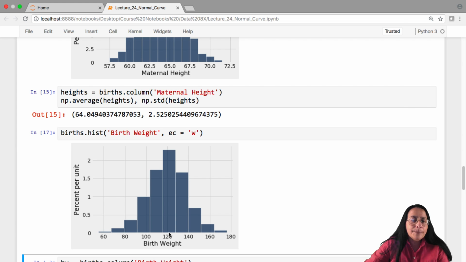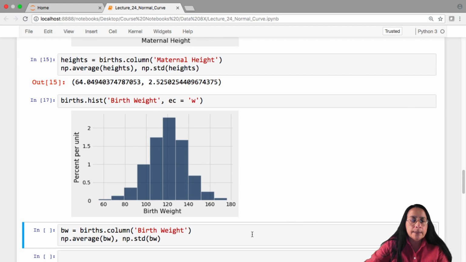So I would expect the SD to be not quite the distance between 120 and 140, not quite 20. Something less than that. And I really can't tell how much less than that. But if I had to take my best guess based on this picture, I would guess that the average is 120 and the SD is somewhat under 20.